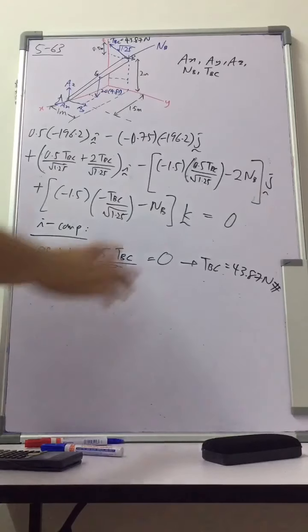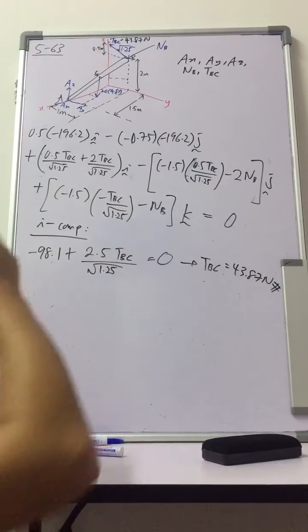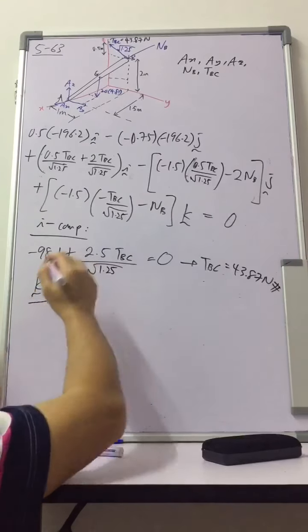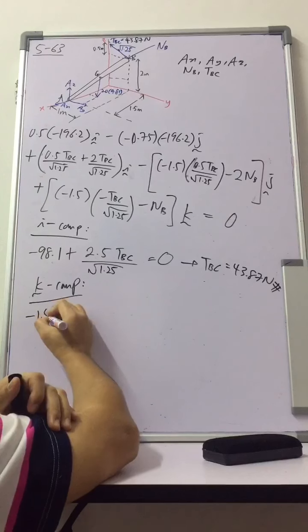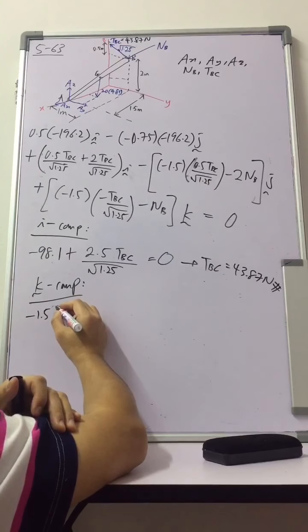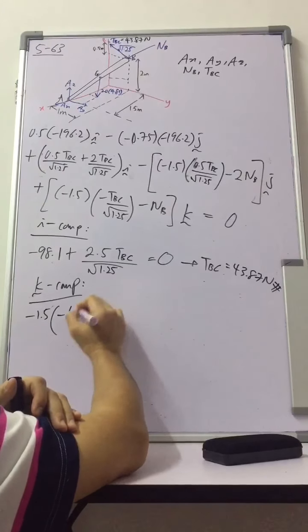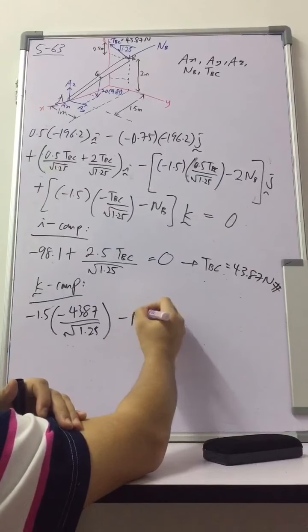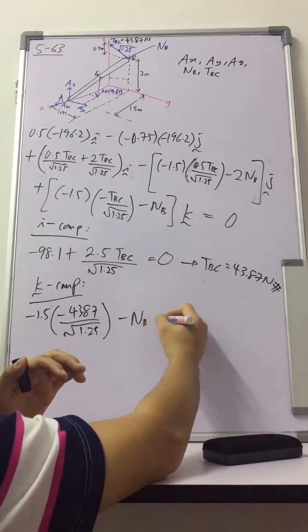Okay, and then we can go to either J or K component, it doesn't matter, to find the NB, because now you have TBC, right? So probably the simplest one is to go to the J component, because it just has one term. So it is minus 1.5 times TBC, which is minus 43.87 over root 1.25, minus NB, and there is no other J component, equals to 0.